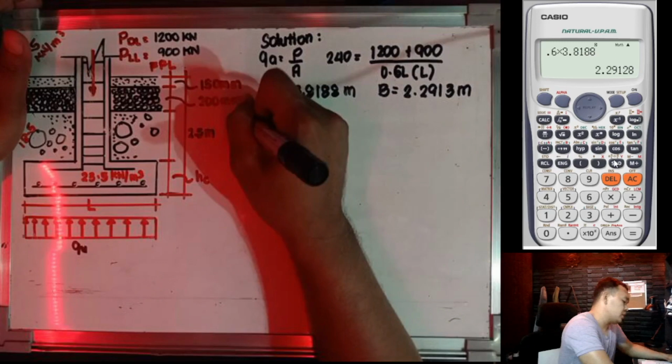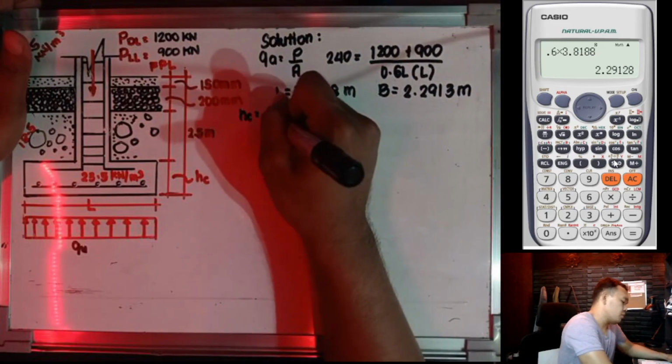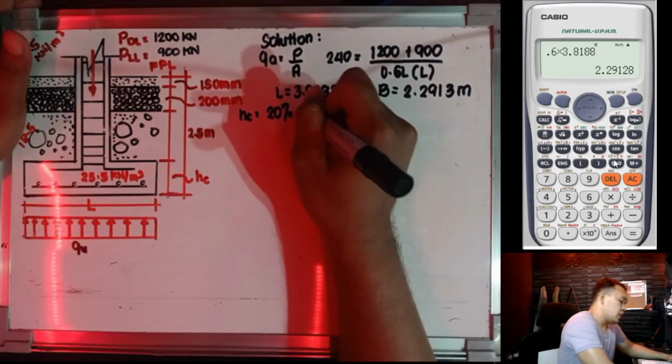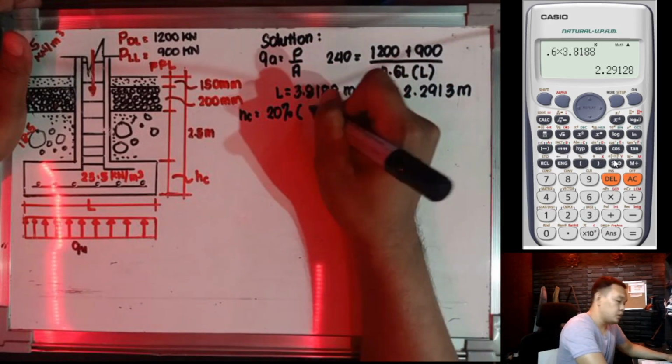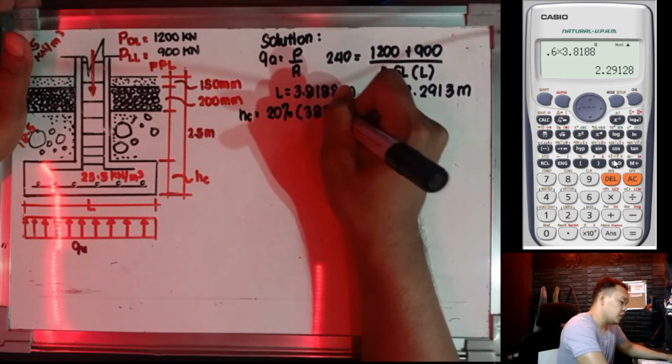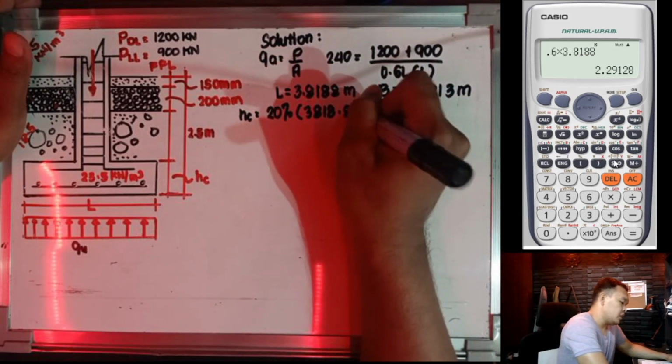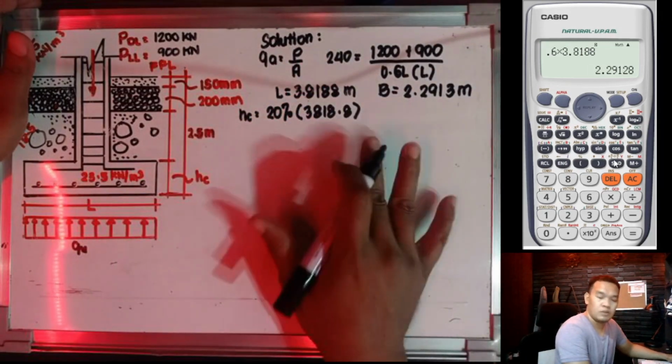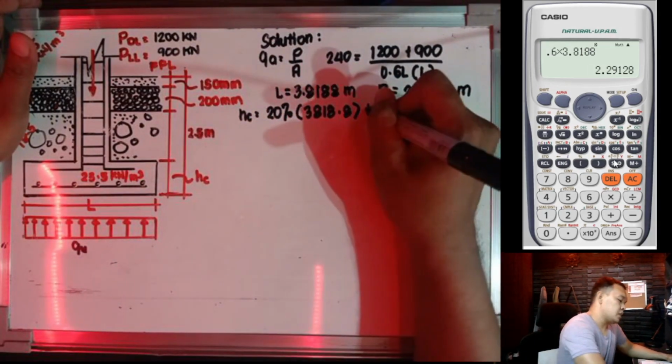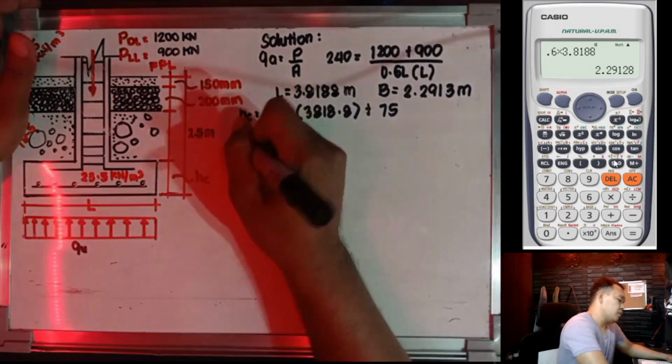Okay? So, since we now have L, or the longest dimension, we could get the assumed thickness. So, we have here HC is equivalent to 20% of the longest dimension, which is 3,818.8. Make sure that the unit is uniform. So, plus 75 mm.